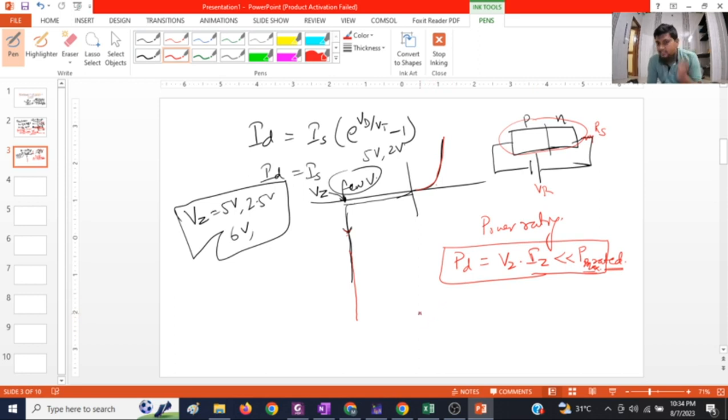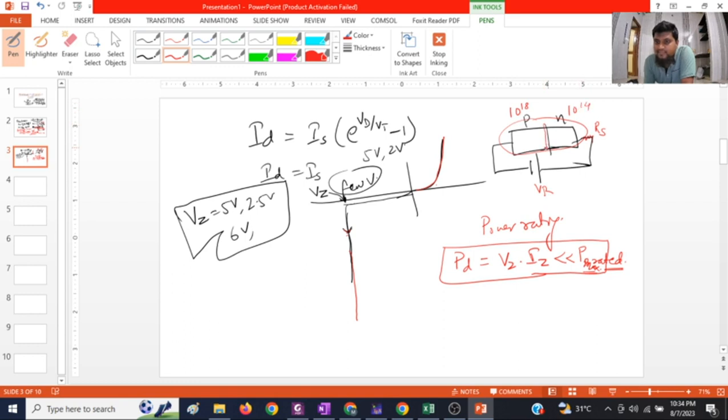So now it's very clear that Zener breakdown is because of tunneling current, and it happens especially when the doping concentrations are quite high. If one of the junctions is not very highly doped, then what will happen? Let's assume one side is 10 to the power 18 and the other is 10 to the power 14.